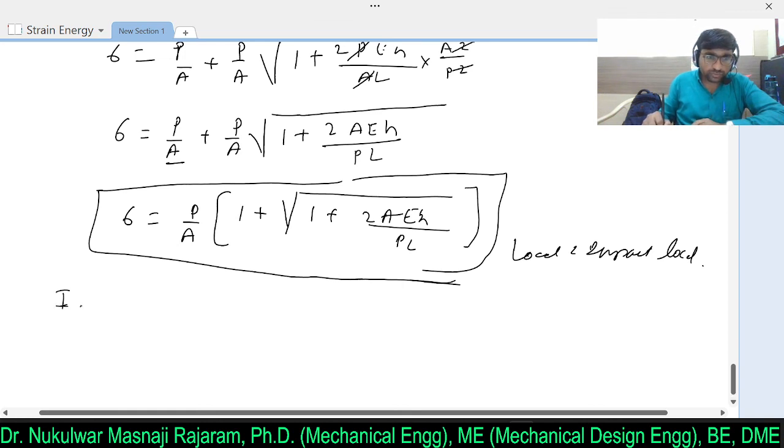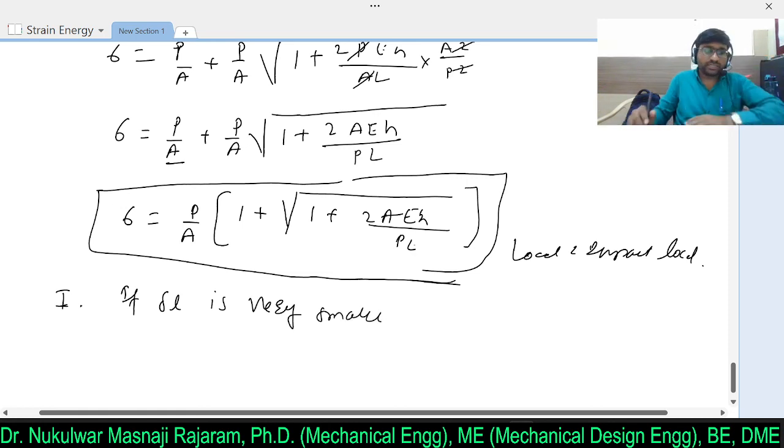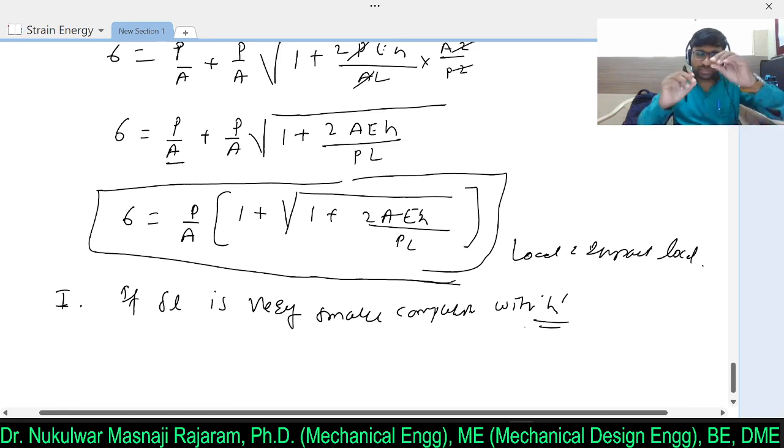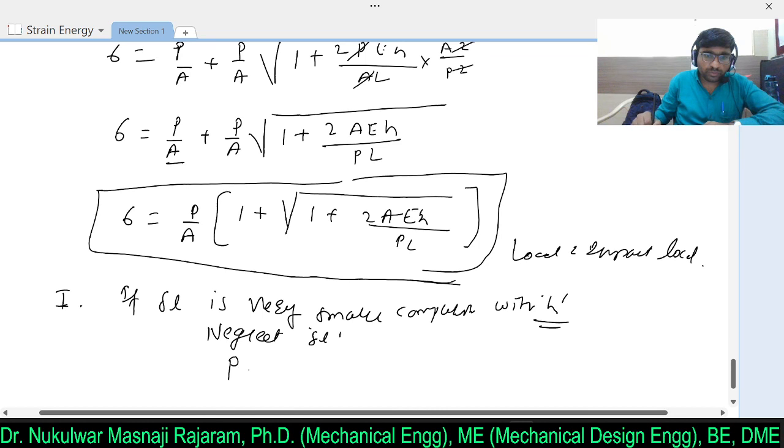The first conclusion is, if delta L is very small, meaning there is a small deflection in comparison with H, but the height is very high, in that case we can neglect delta L. Then the work done will definitely be equal to P into H, there will be no delta L. Clear?